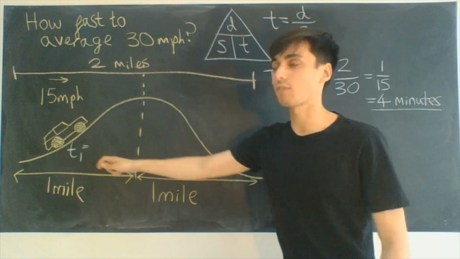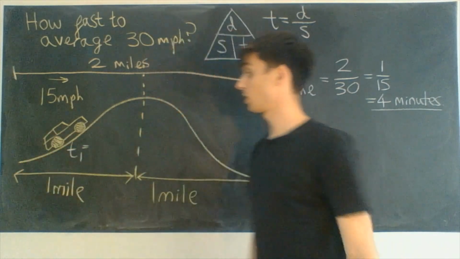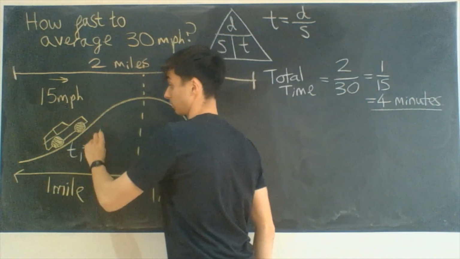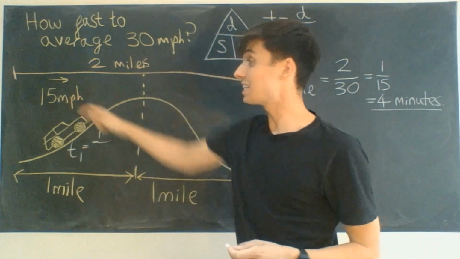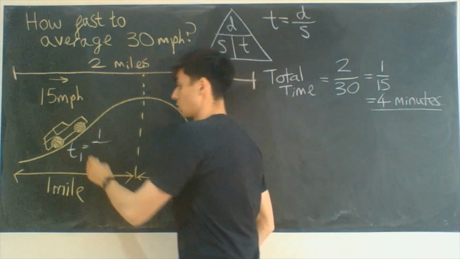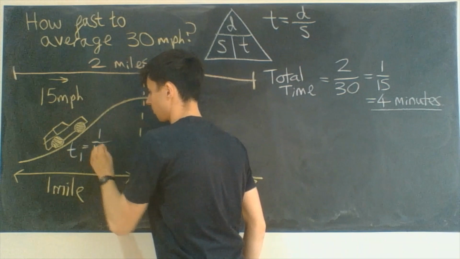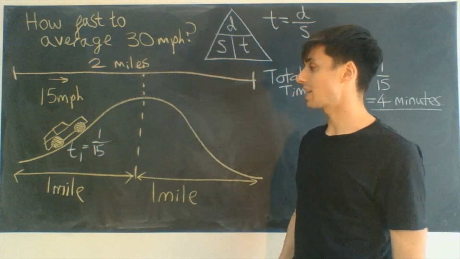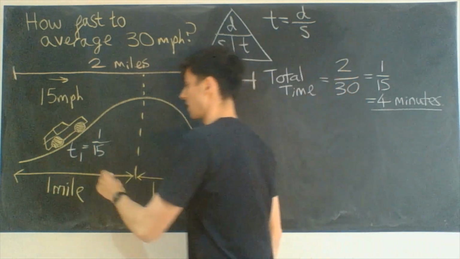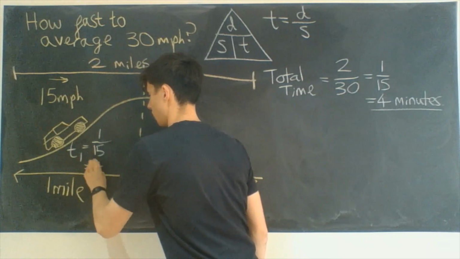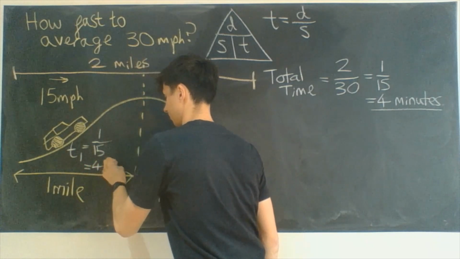The first part of our journey, just the uphill. Well, the distance is 1 mile and the speed is 15 miles per hour. So we've got 1 over 15. Well, again, that would be in hours, so this gives us 4 minutes. Put here 4 mins.